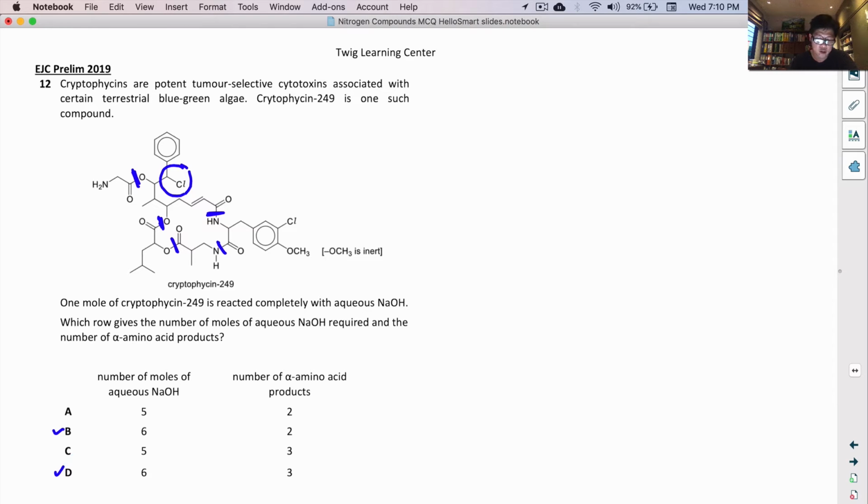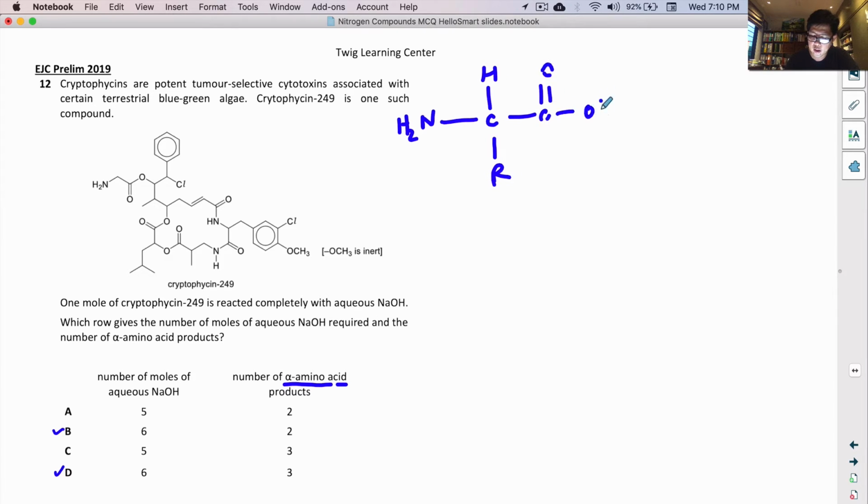Now let's show how many alpha amino acid products will be formed. This is a bit tricky, so you must look out for alpha amino acid. An alpha amino acid looks like this: NH2, CH, R, C double bond O, OH.